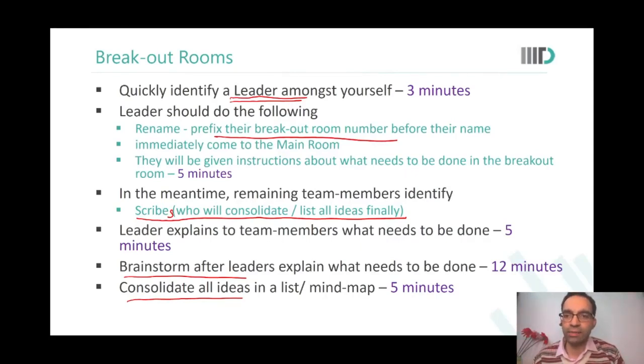You're in room number 9, na? Yes, room number 9. Okay. Rishabh, which room are you from? Room 8. So please, apna 8_Rishabh rename kar lo.